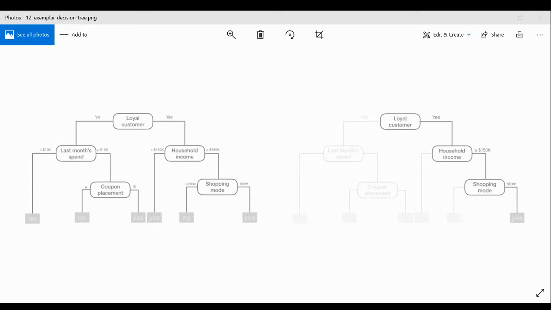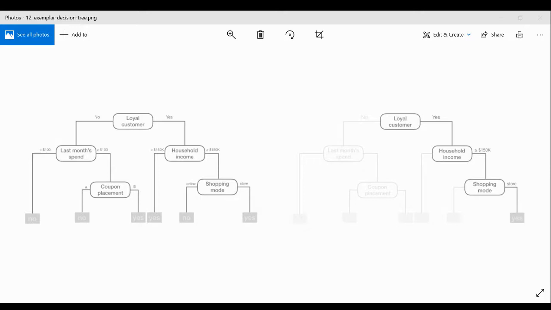So the idea here is this model is trying to, what it's doing in this decision tree is it's trying to decide what's the best way to determine at each individual step, what's the best way to determine to break customers into yes and no groups, right? As many as possible in each. So what's happening on the first split is what the model has determined is that the single best way to determine whether somebody is going to redeem a coupon or not is, are they a loyal customer, yes or no? Okay.